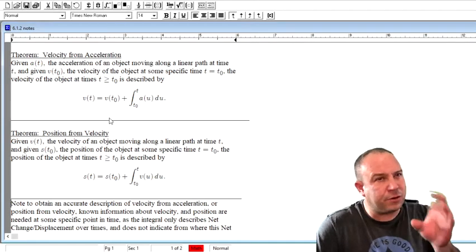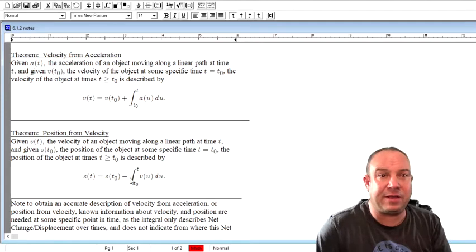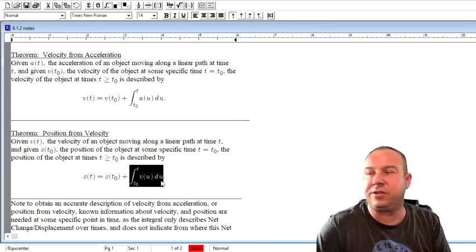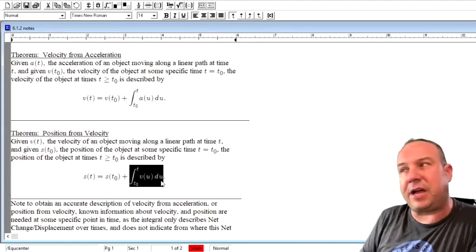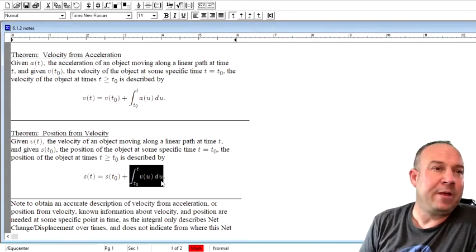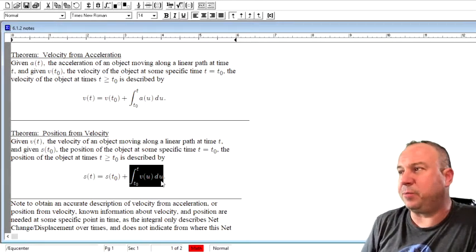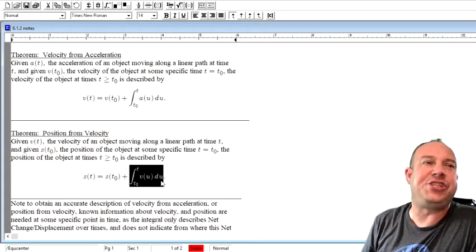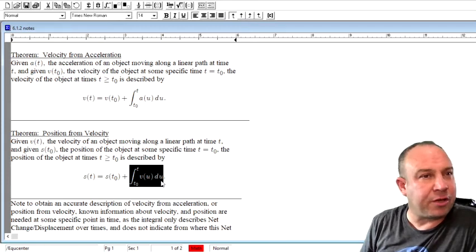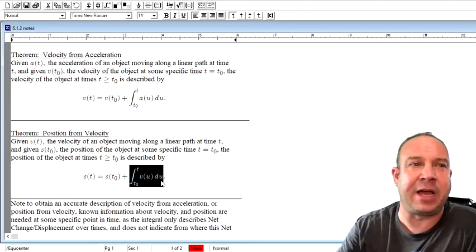The integral calculations we have here, particularly this one here, should look familiar. This calculation we just learned about in the previous video, that's the calculation of displacement. We are essentially using displacement in our understanding here to describe the overall change in position over some interval of time.